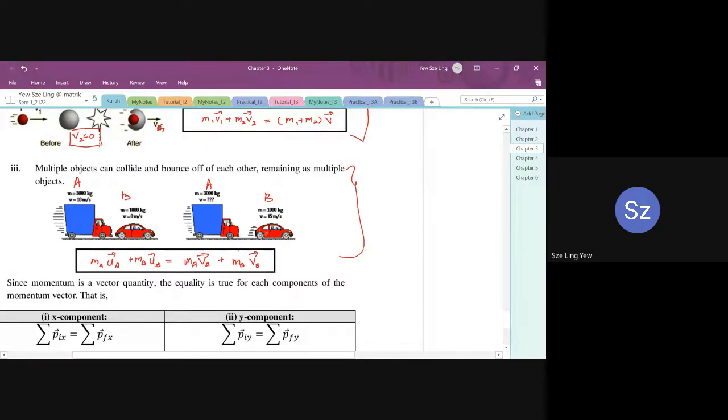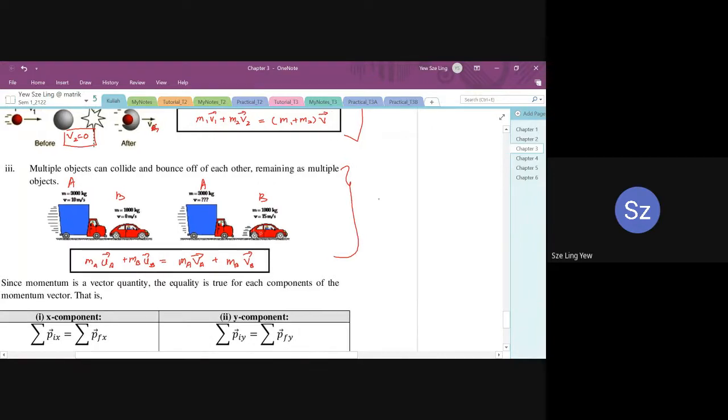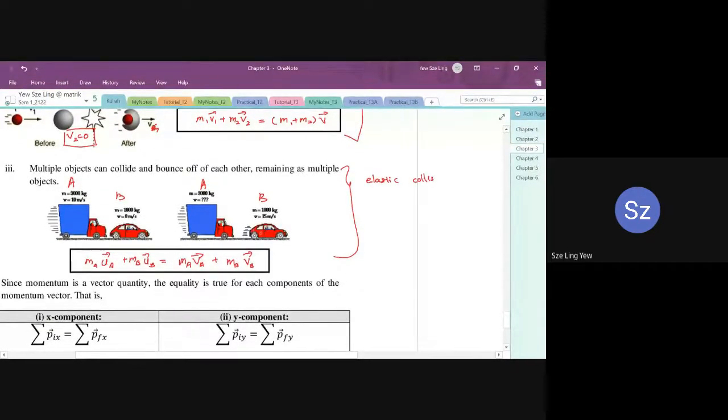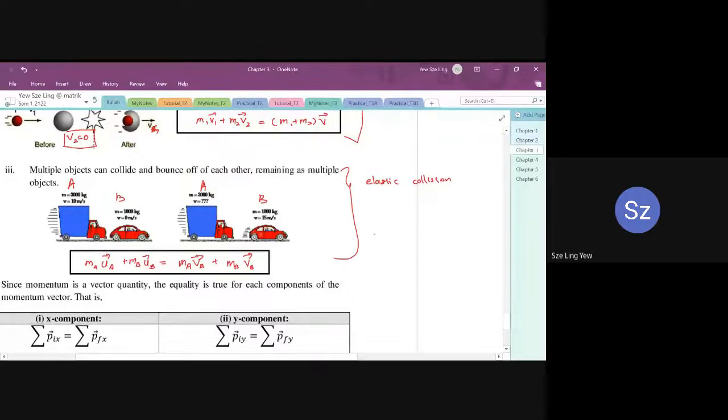Can you see the difference? If they stick, we say perfectly inelastic. If they do not stick, it is just called inelastic. So for case number 3, there are two possibilities: first, elastic collision, and second, inelastic collision. It could be both.